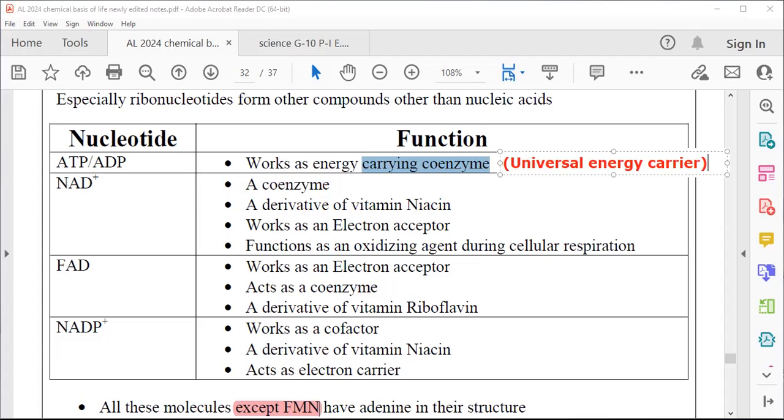ATP. ATP is the energy carrier. That's why it is called universal energy carrier. Clear?